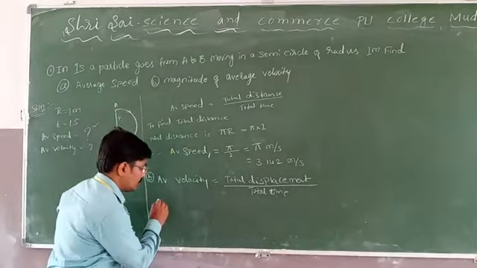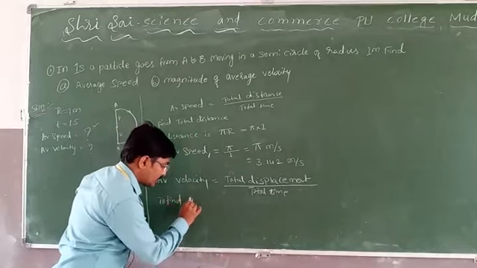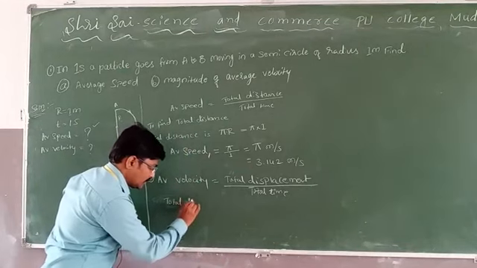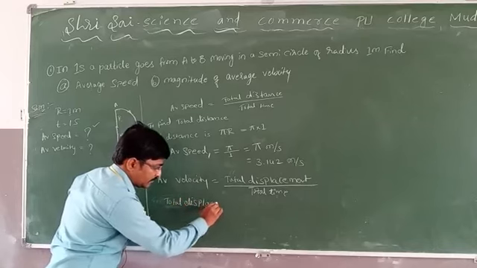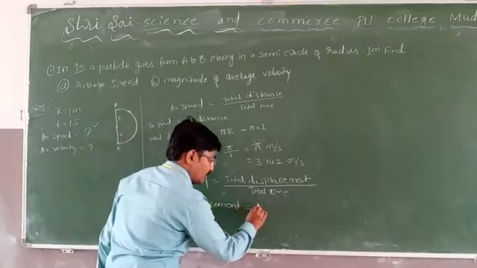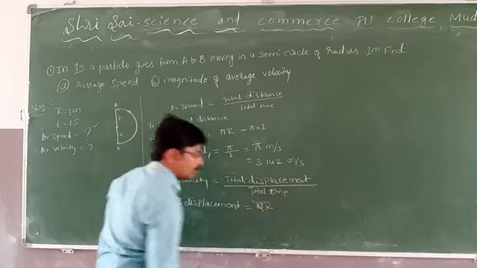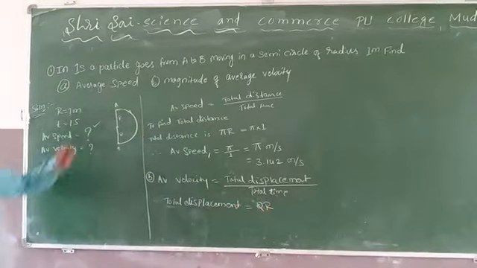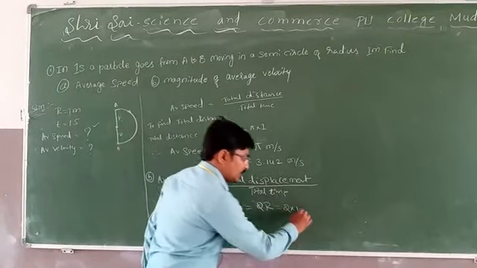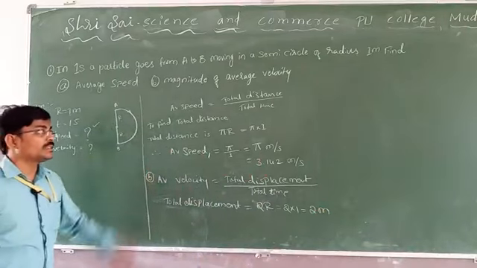Therefore total displacement is equal to 2R. R plus R, 2R. What is the R value? 2 into 1, that is 2 meter. Total displacement is 2 meter.